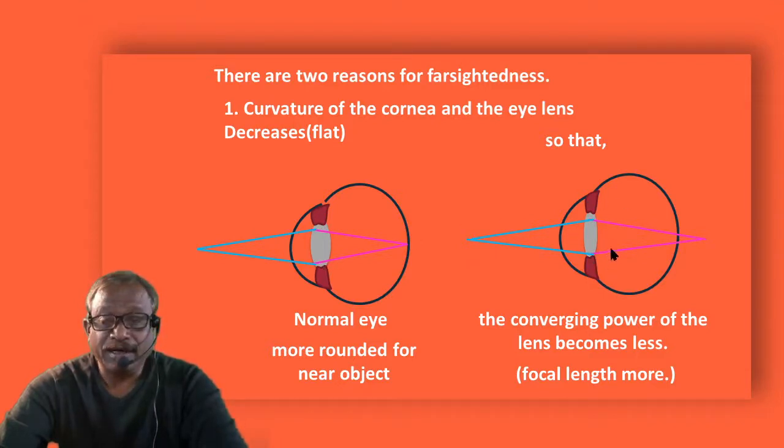But here, since the ciliary muscles are not working so well, the lens cannot adjust its focal length. It remains as it is. So this happens in hypermetropia.